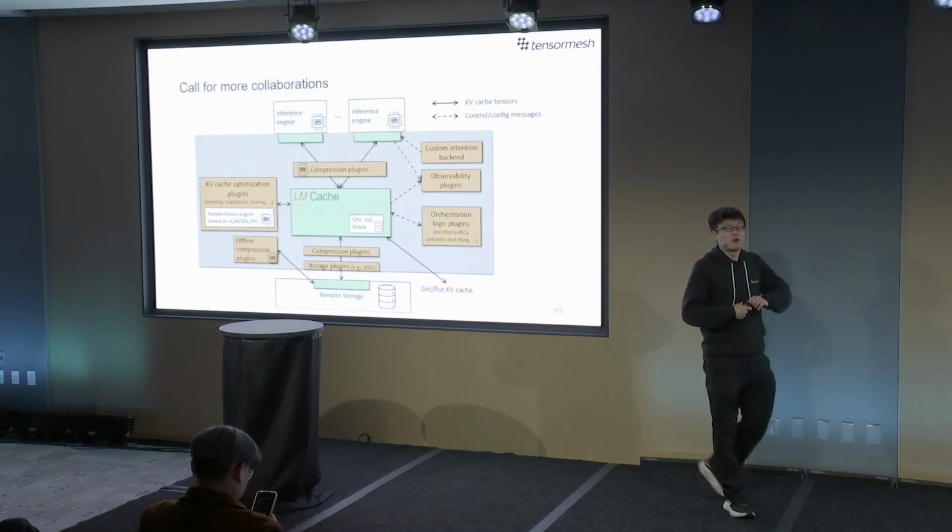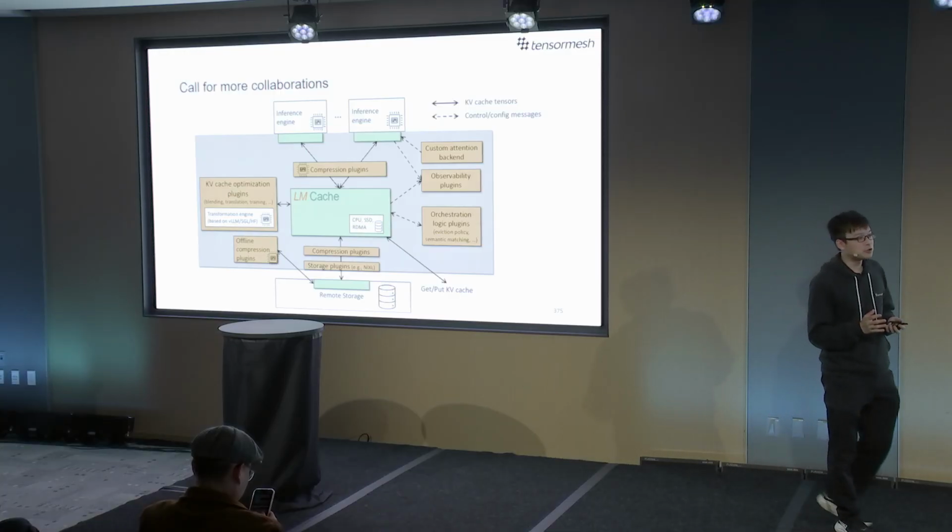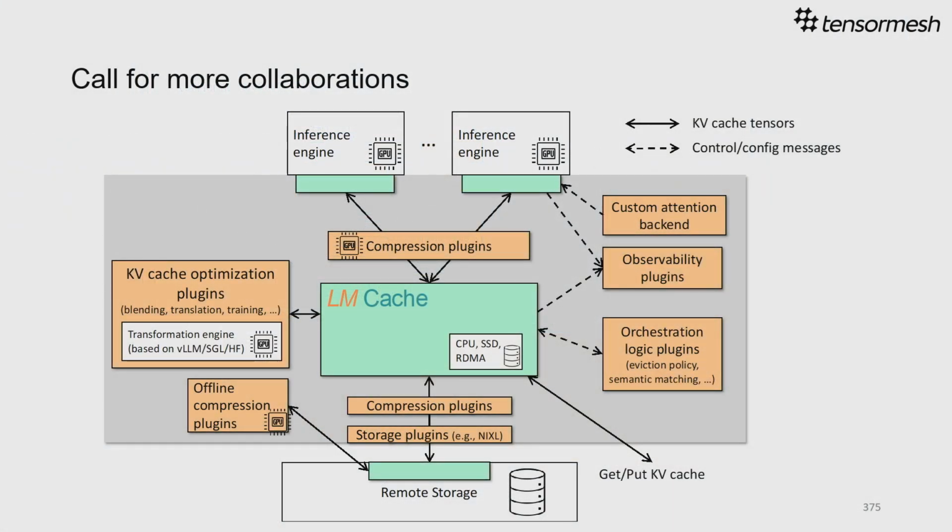Now, what's next? We want to build the best ecosystem of KV cache. And we're on the way to doing that. We're not just making incremental changes, we're making major architectural innovations. One thing here is to separate not just the LMCache library from the inference engine and storage vendors, but also separate the LMCache core libraries from these plugins, which are basically algorithms and logic people can contribute.